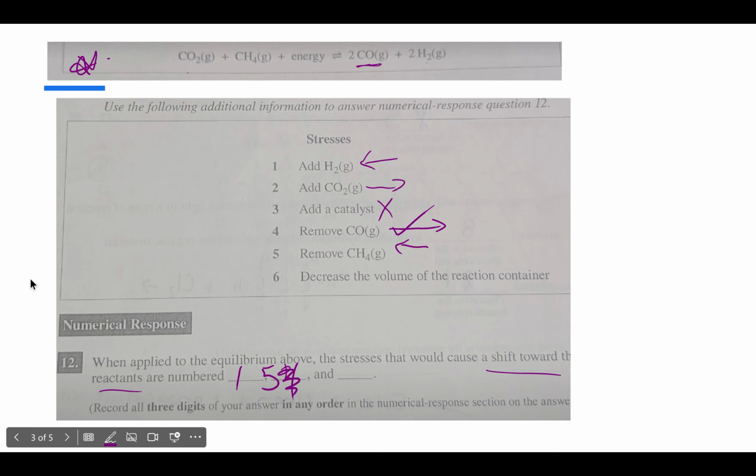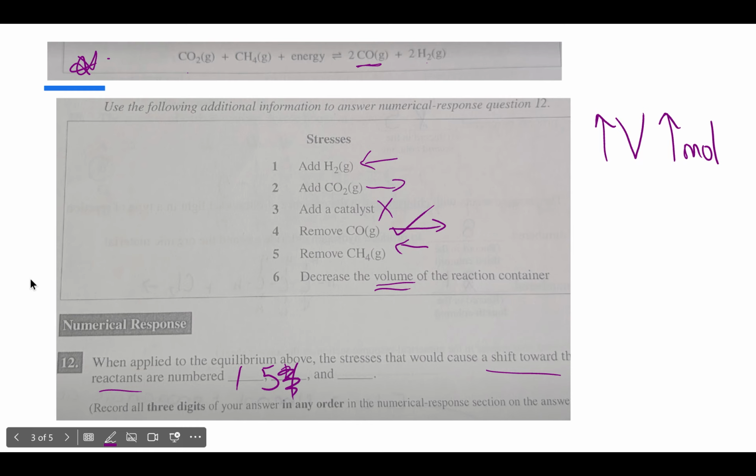And then the last one, decreasing the volume of the container. So remembering that volume and pressure stresses only apply to gases, and then it's based on number of moles. So what I tell my students is I always remember that if I increase the volume, I move to the side with more moles. Now that might not work for you to remember, but this works for me.